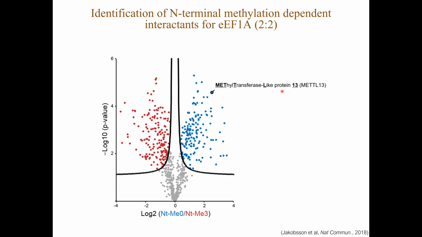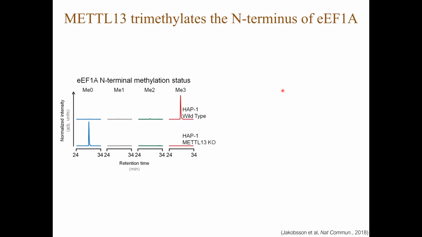So to explore whether METTL13 catalyzes elongation factor N-terminal methylation in cells, I obtained a knockout cell model for the enzyme in HAP1 cells, and then quantified the degree of methylation at the site in wild type compared to knockout cells. And here are extracted ion chromatograms of a peptide that covers the N-terminus of elongation factor 1A.